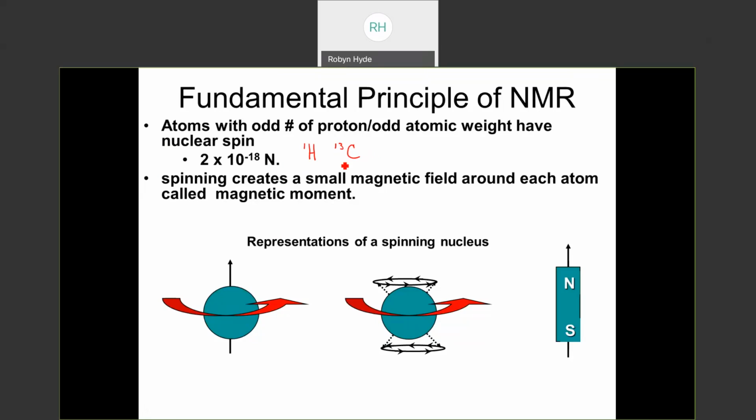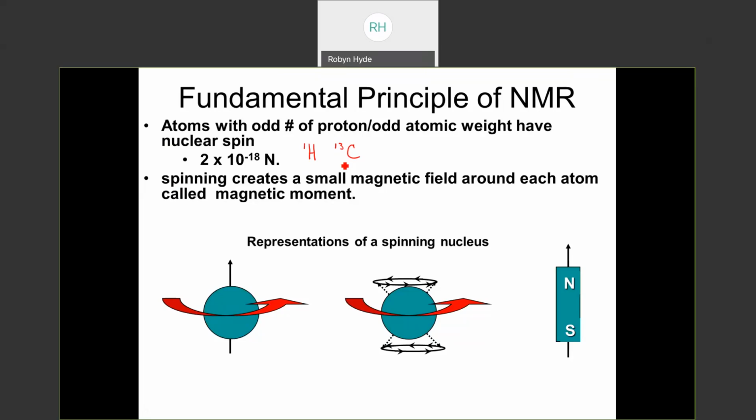So proton and carbon NMR is going to be our focus. We can do NMR of other atoms, even with our instrument upstairs, but we're not going to focus on them in this course. For some of you who decide to keep going and take Dr. Joanne's inorganic chemistry course, you'll look at some of the other nuclei that have the property of spin.